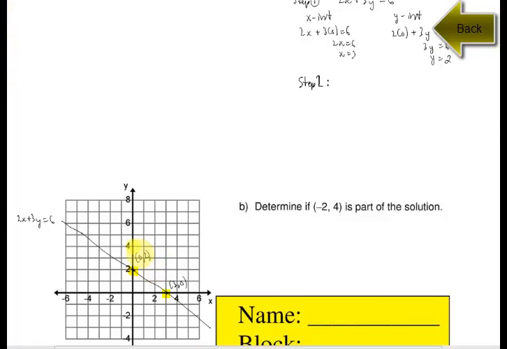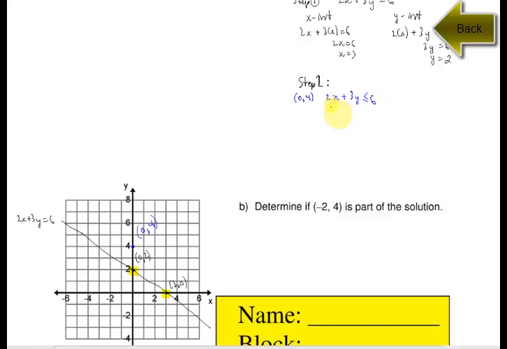I'm going to pick (0, 4), because there's a 0 in there and it's nice to work with 0. So one of my test points is going to be (0, 4). I'm going to plug that into our inequality, which is 2x plus 3y is less than or equal to 6.